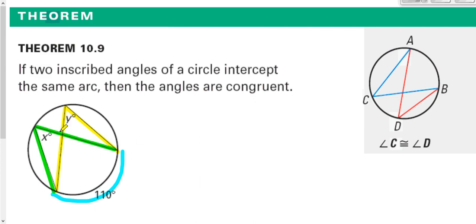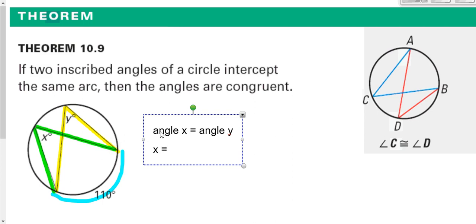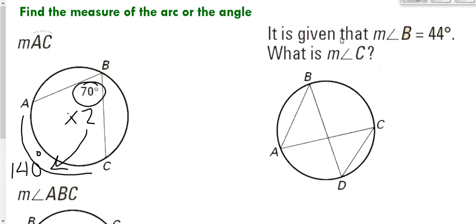When that happens, angle X is going to be equal to the measure of angle Y. So in this case, X is equal to Y, which we would take 110 and divide by 2, and you'd get 55 degrees.